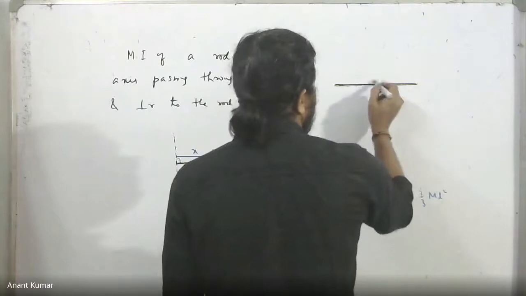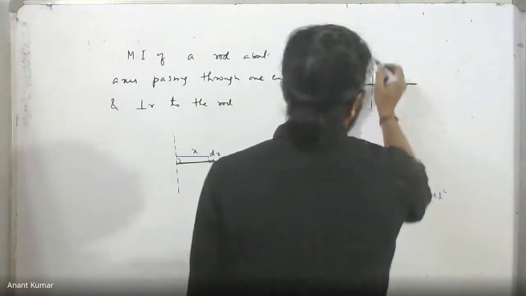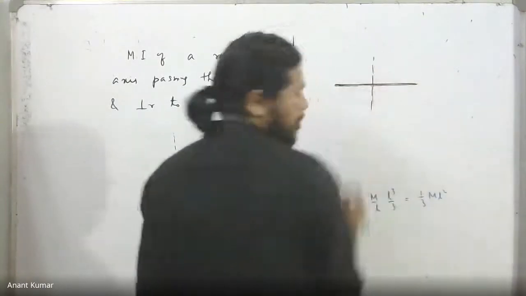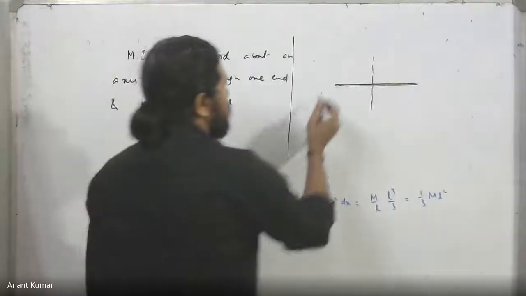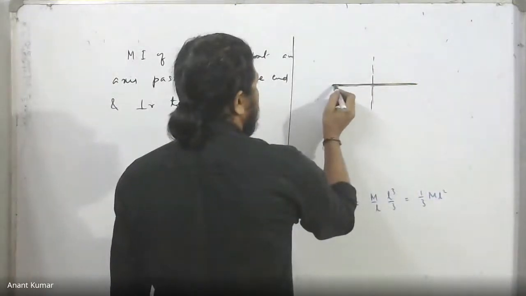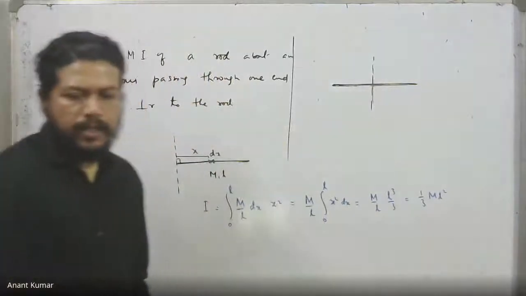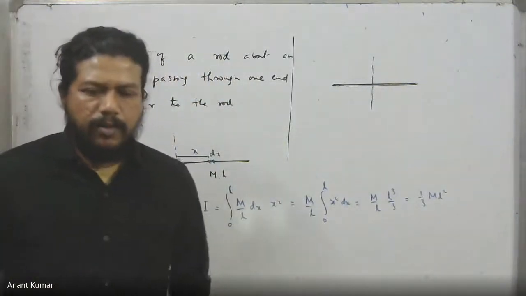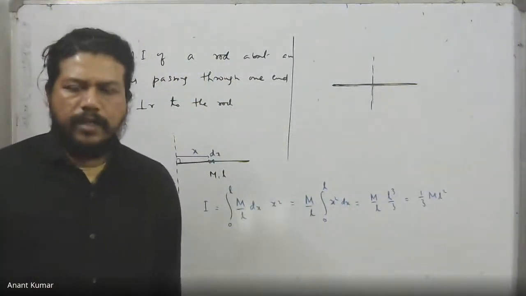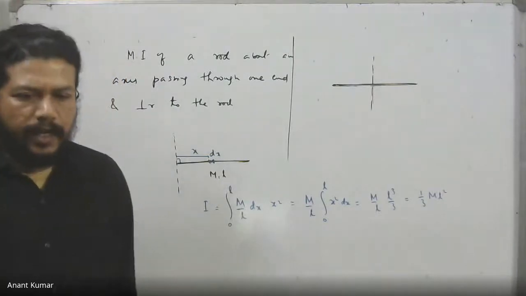If the axis is passing through the middle, the moment of inertia is ml square by 12, which is the required result, and which I can obtain slightly indirectly.